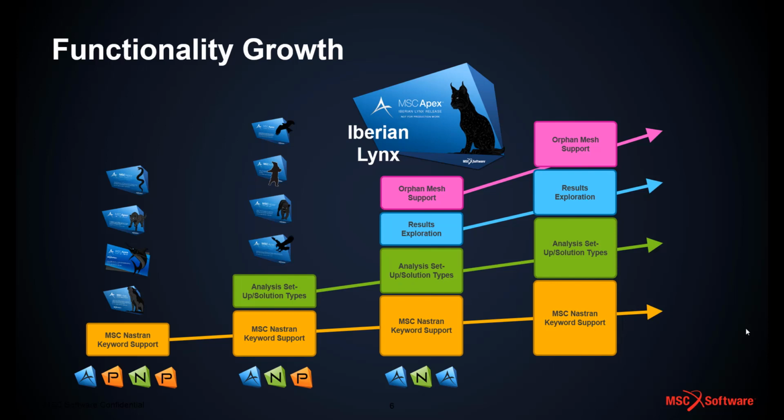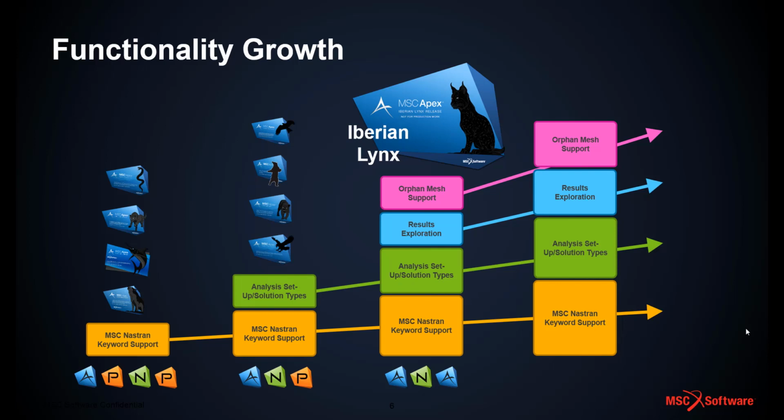Key things that have come in at the Iberian Lynx release are the ability to explore results based on the MSC Nastran HDF5 result format output, and also orphan mesh support. You may or may not have come across this term, orphan mesh. I hadn't when originally exposed to this technology.